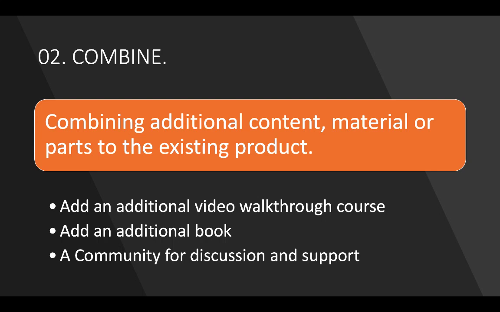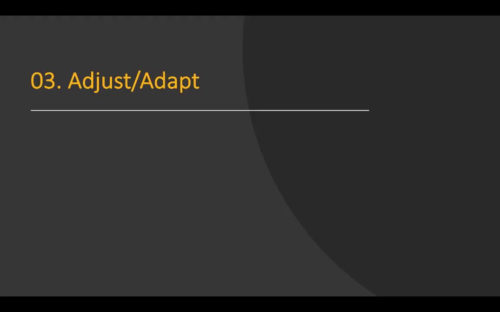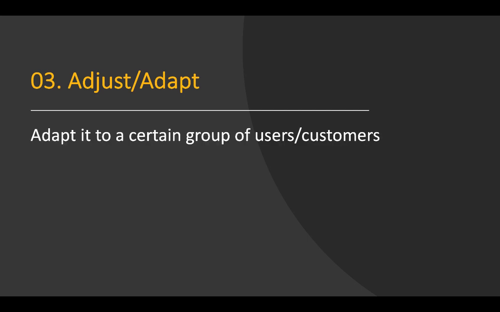So let's go to the third formula. The third formula is called adjust and also adapt, or adapt. So it's almost the same. It basically means this: adapt it to a certain group of users or customers. Now just think about this. So this book, your competitor that you spot, this winning product, a book about funnel.